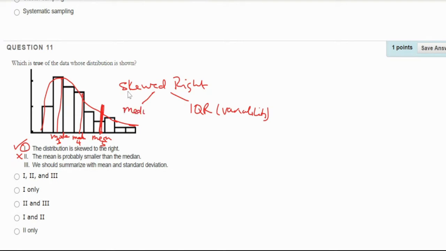Median, right? We use a median for central tendency. Now, this is good for symmetrical.